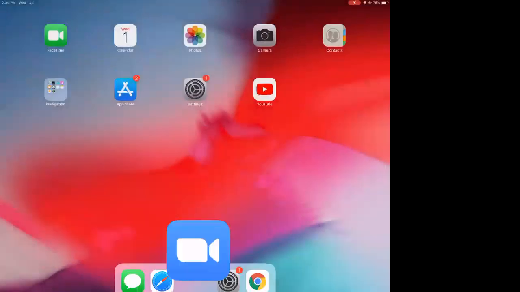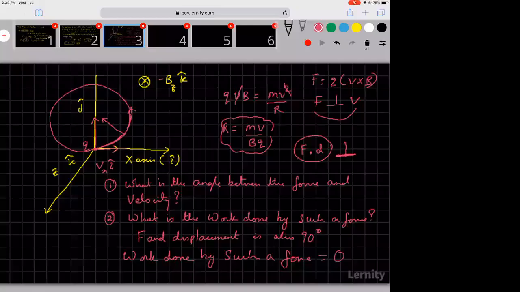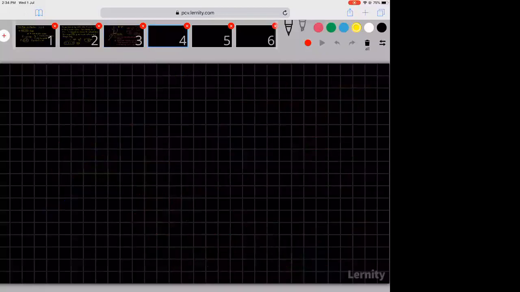So do you understand that? The angle between the force and velocity is 90. So if the angle between force and velocity is 90, the angle between force and displacement is also 90. So the work done by such a force is 0. The only thing the force is doing is changing the direction of velocity.